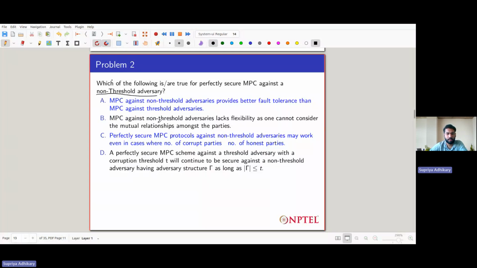The second is that an MPC against a non-threshold adversary lacks flexibility, as one cannot consider the mutual relationship amongst the parties. And then, the perfectly secure MPC protocols against non-threshold adversaries may work even in the case where the number of corrupted parties is greater than or equal to the number of honest parties.